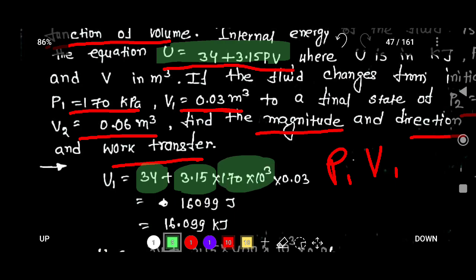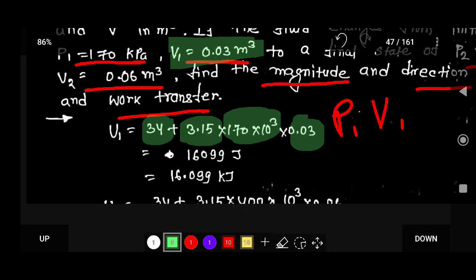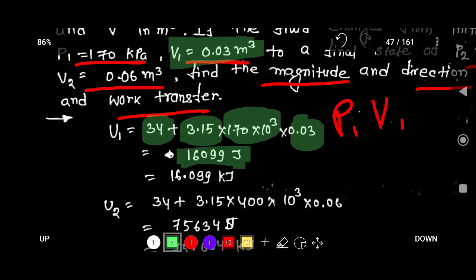So 170 into 10 to the power 3 into volume, that is 0.03, that is given in the question. So from here you can get 16099 joule, and from here you can get 16.099 kilojoule. Okay, 1 kilojoule is equal to 10 to the power 3 joule.